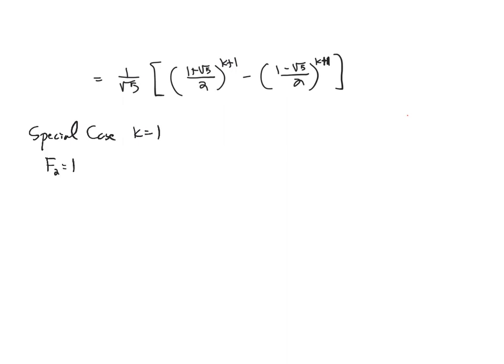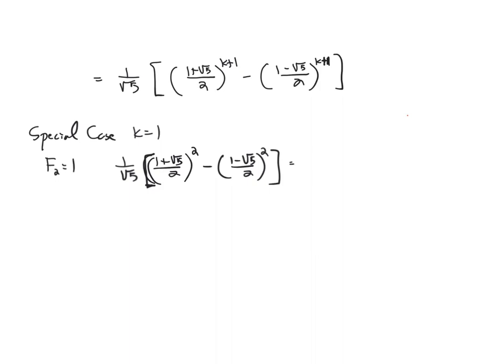We just need to show that 1 over root 5 times [(1 plus root 5 over 2) squared minus (1 minus root 5 over 2) squared] indeed also equals 1. Again, just a little algebraic exercise.